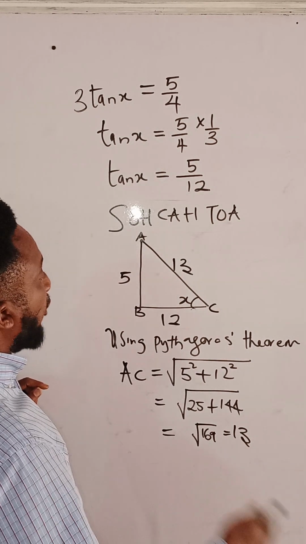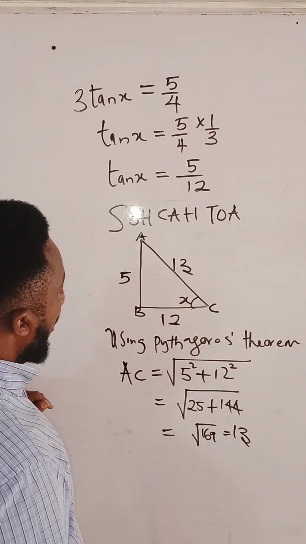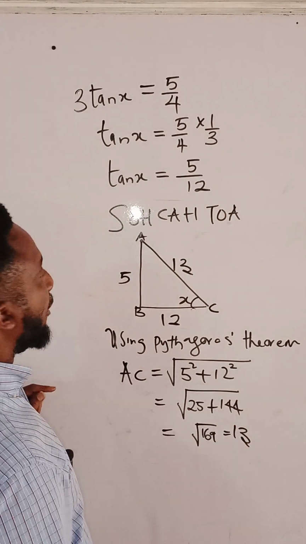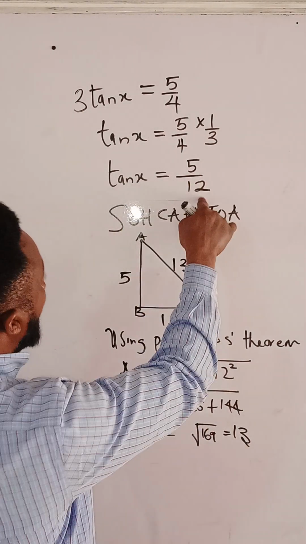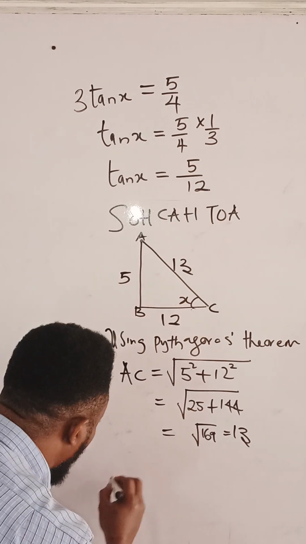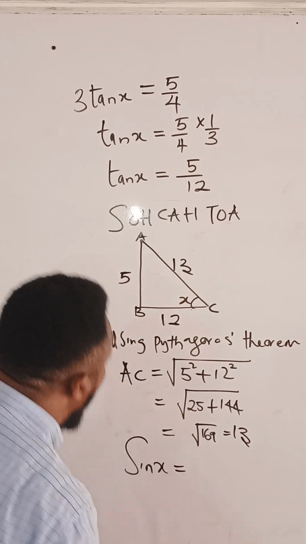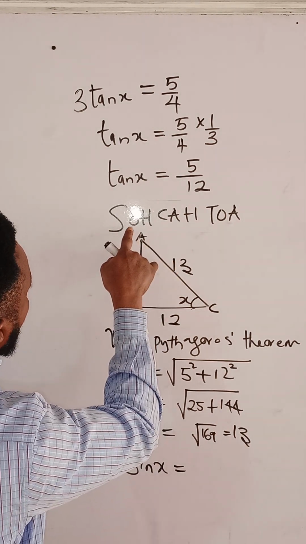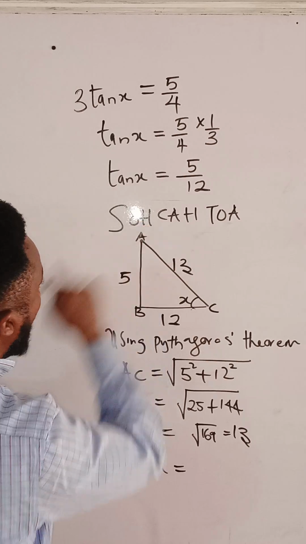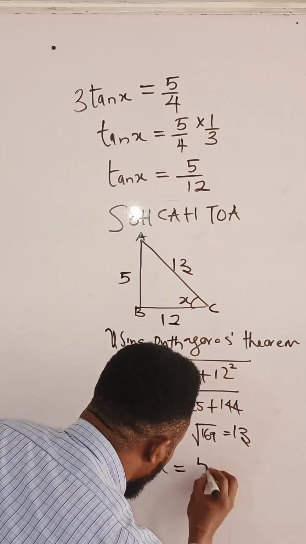Now, the right angle triangle is very fundamental in trigonometry because it can help us define the three basic trig ratios. Now we have tan x equals 5/12. From this triangle, sin x equals opposite over hypotenuse, that will be 5 divided by 13.